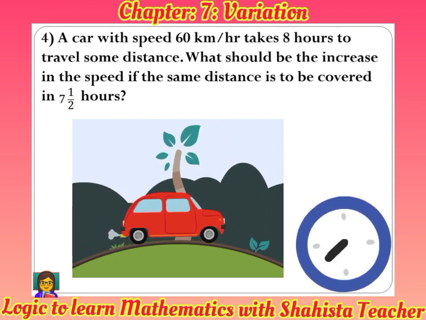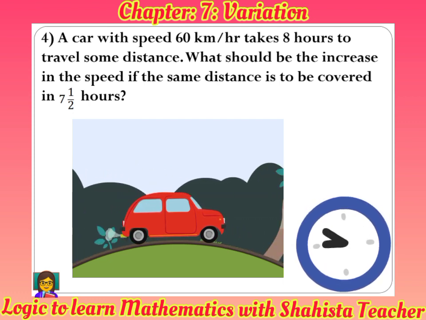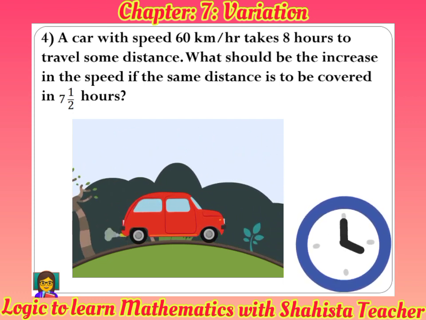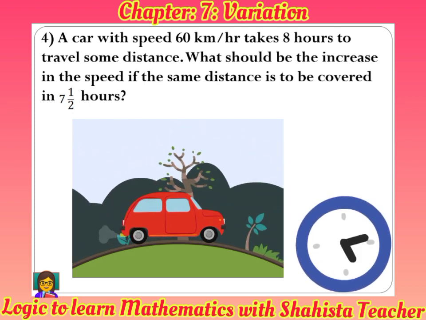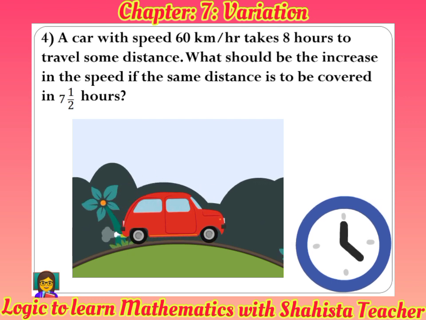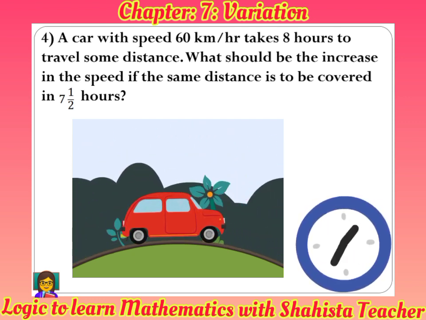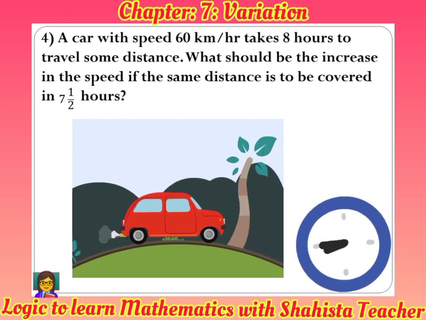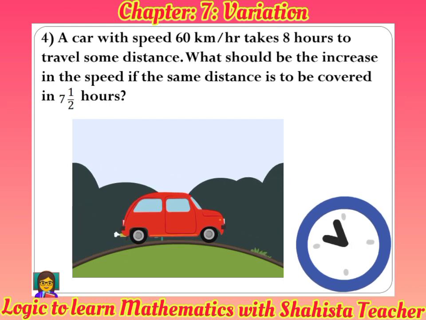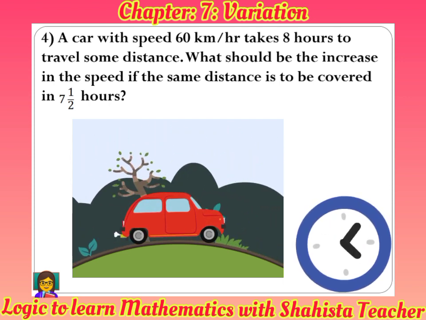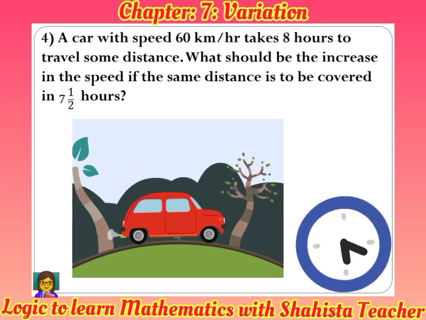So here 60 kilometer and 8 hours is given. That means x is equal to 60 kilometer per hour and y is equal to 8 hours. So from this we will find the constant value. After finding the constant value, we will apply it to find the speed, because here time is given, 7.5 hours.